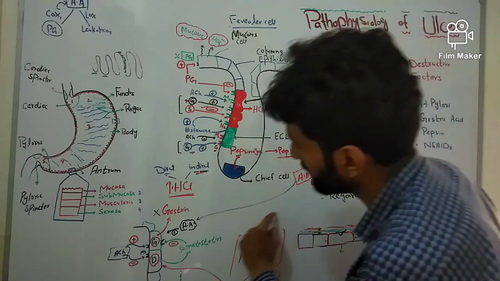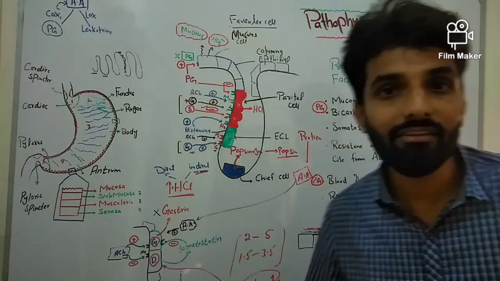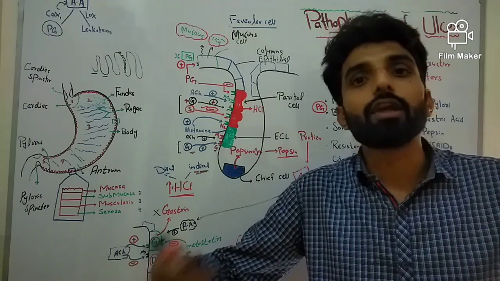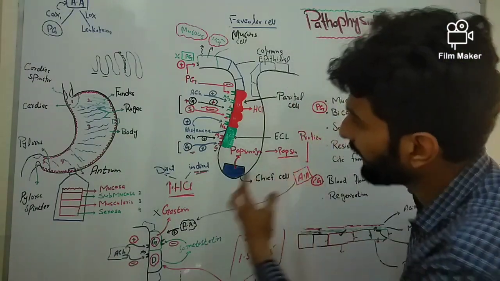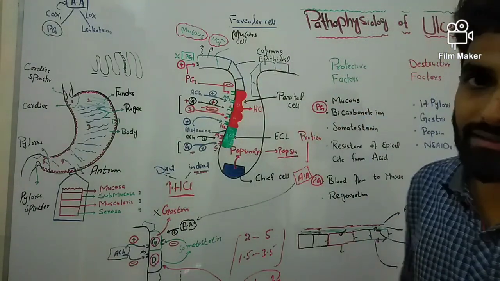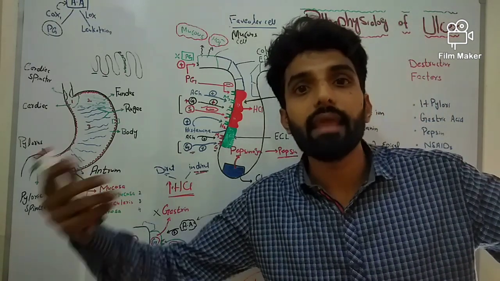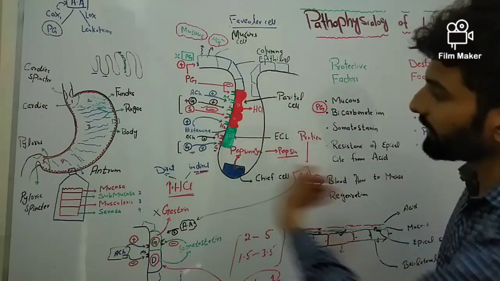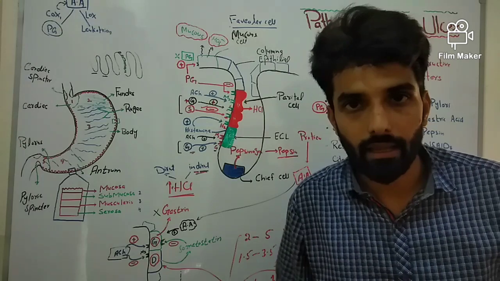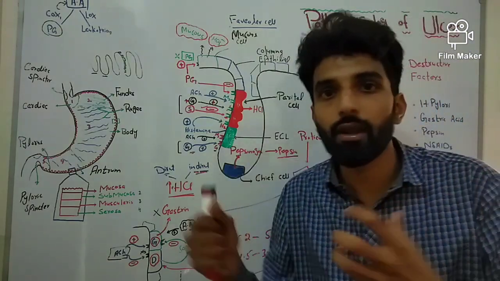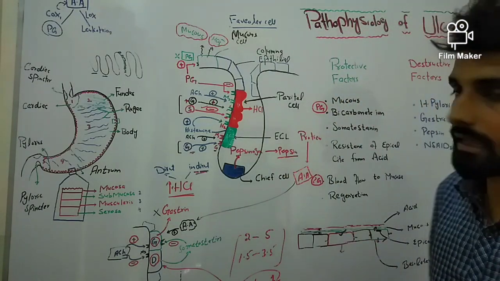Now these amino acids will go and stimulate the G cell to secrete more gastrin. This gastrin will bind on its receptor and increase acid, and this acid will further convert the pepsinogen into pepsin, and in this way this cycle keeps going.